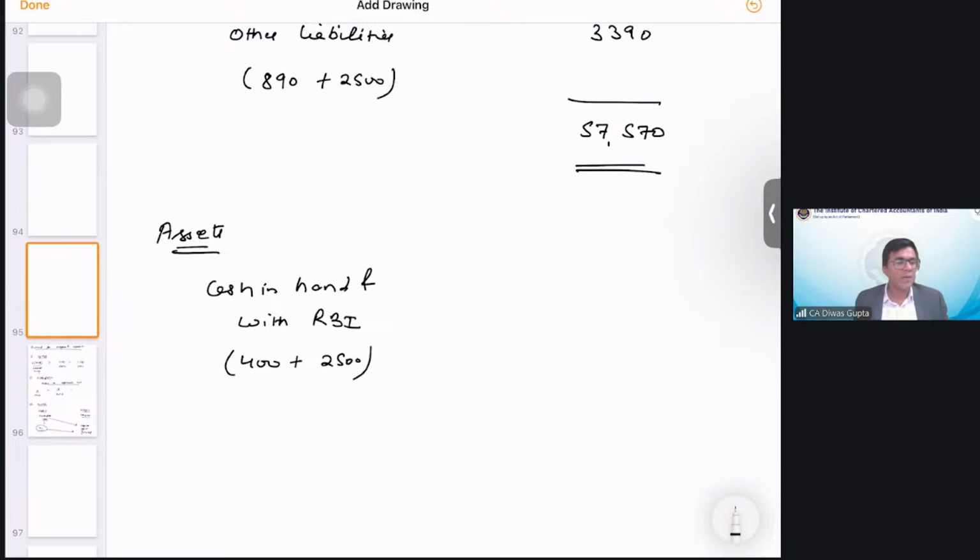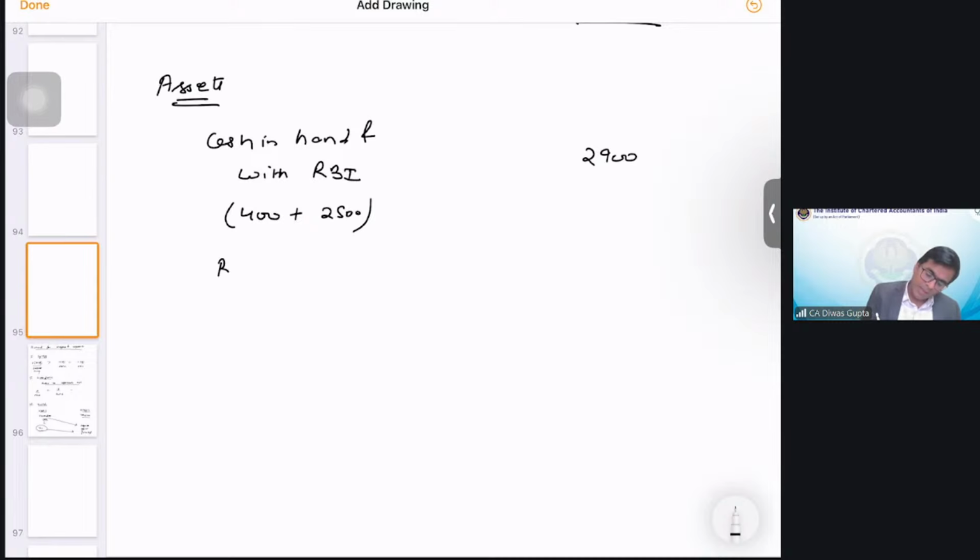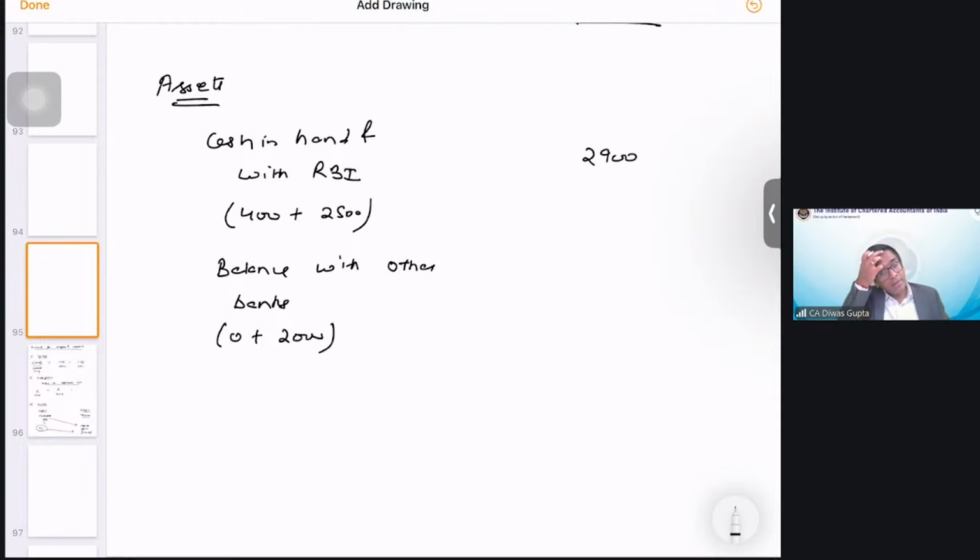So this becomes 2,900. Then balance with other banks. This is how much? 0 plus 2,000. This is in totality 2,000.